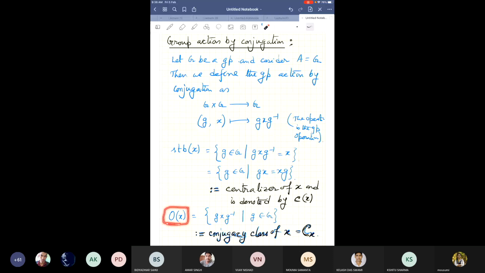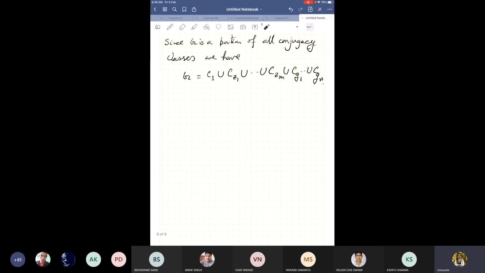So now here the set is the group G. So G can be written as a disjoint union of the orbits, which are nothing but the conjugacy classes. That's why here I have written G as a disjoint union of the conjugacy classes.